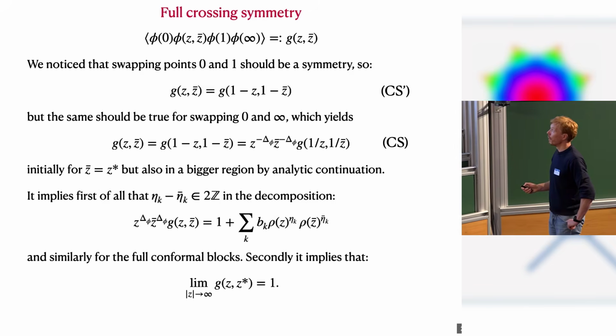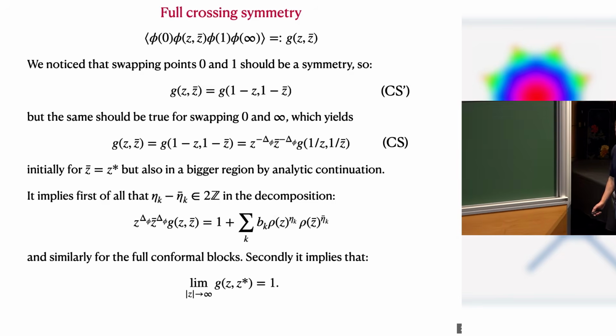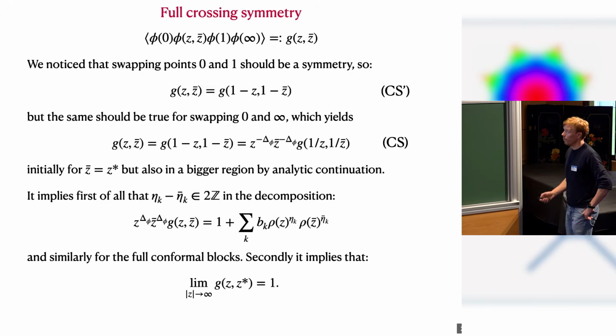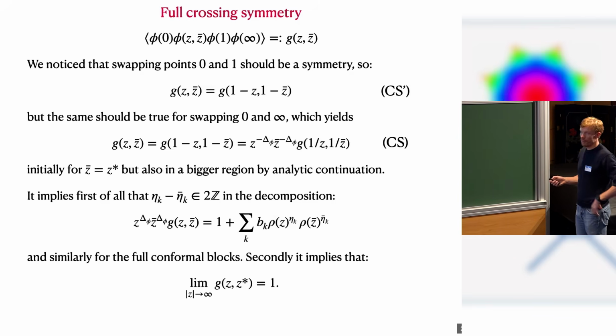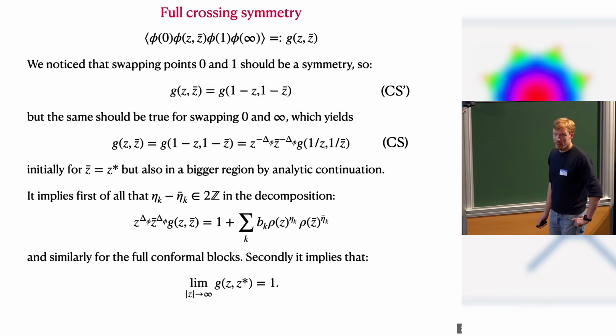Technically this is initially true for z bar equals z star, but it works in a bigger region by analytic continuation. So the full statement: we have CB without primes, which is the conformal block decomposition, and we have CS, the crossing symmetry, and that's the full statement.